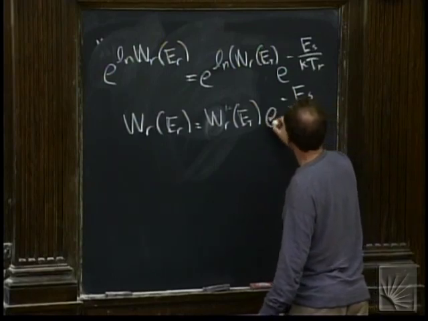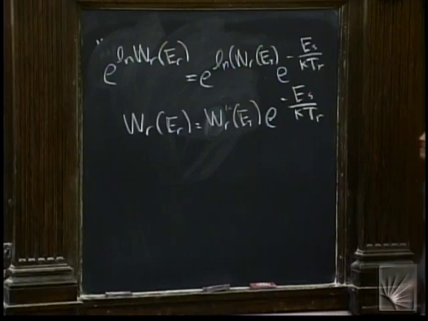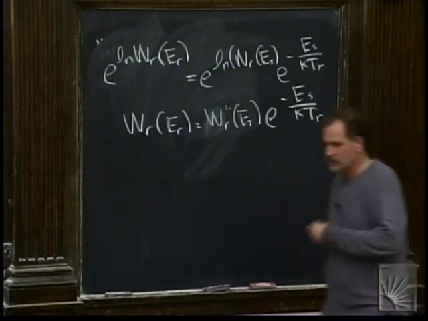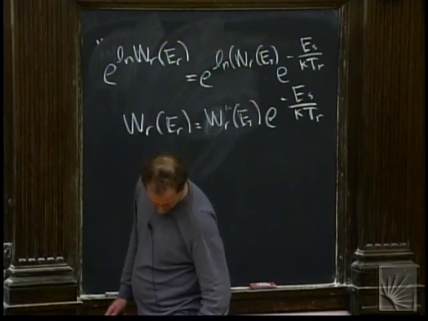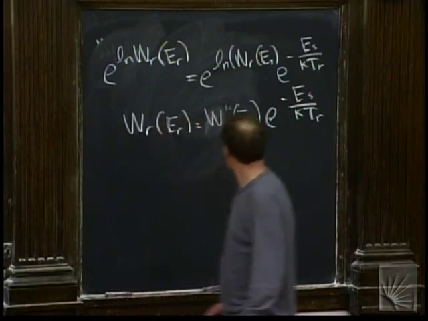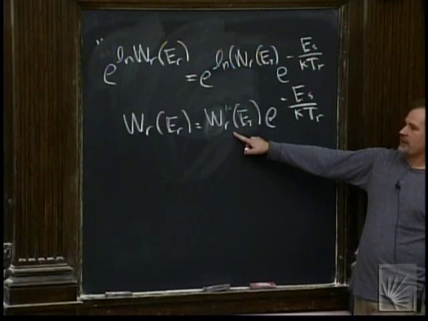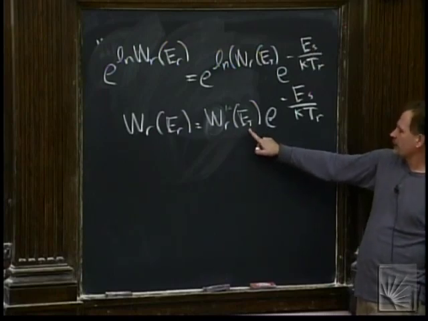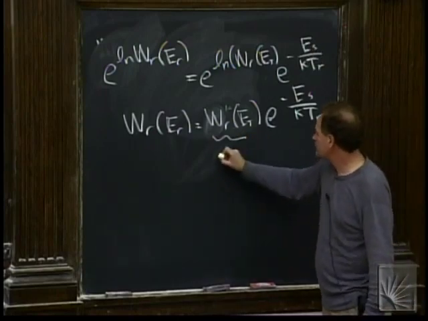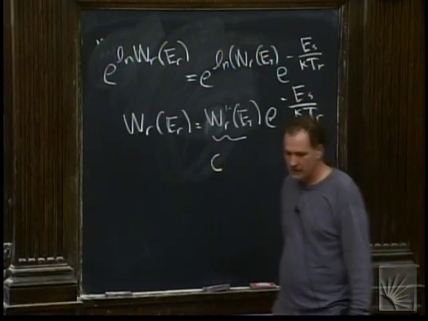All right. This is the number of states available to the system with a fixed total energy E_T. That's just a constant, okay?